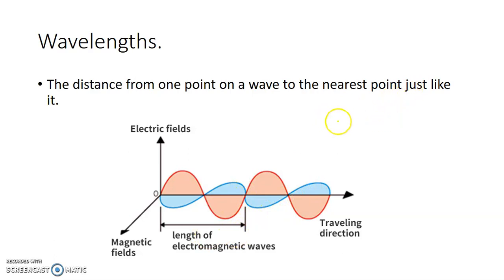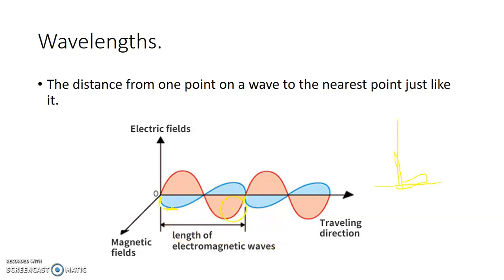Remember, this means that they are perpendicular, so this is the movement of them. Some of them are moving just in this line here, and the other ones are moving in this way. The length of the electromagnetic waves goes from the beginning of this wave to the end of it. So that is the length of electromagnetic waves.